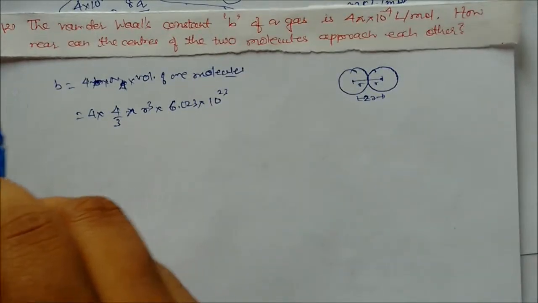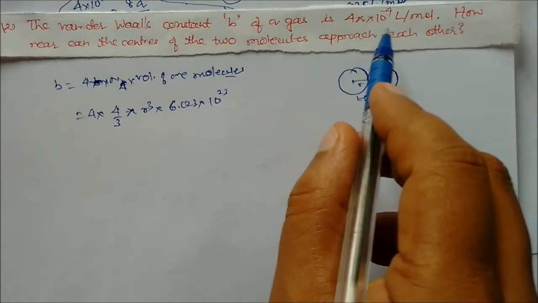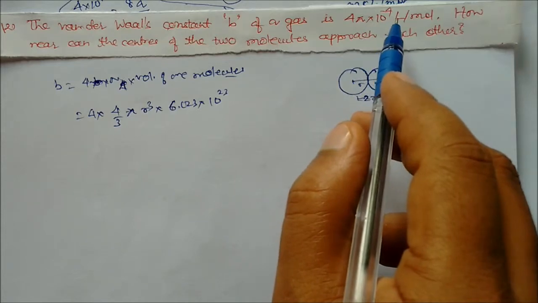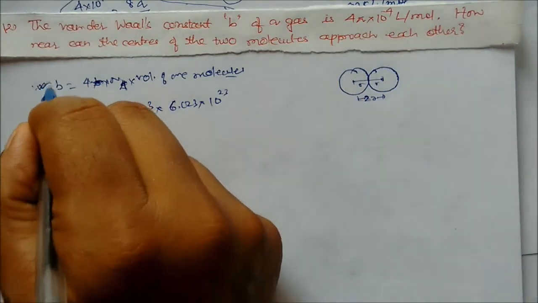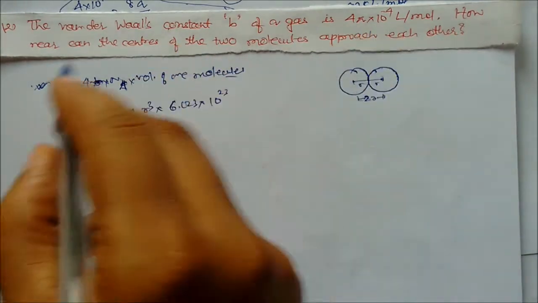Okay, so the B value they have given over here is 4 pi into 10 power minus 4 liter per mole, and again this we know from the van der Waals constant. So B is this value, so we can compare this and this value.